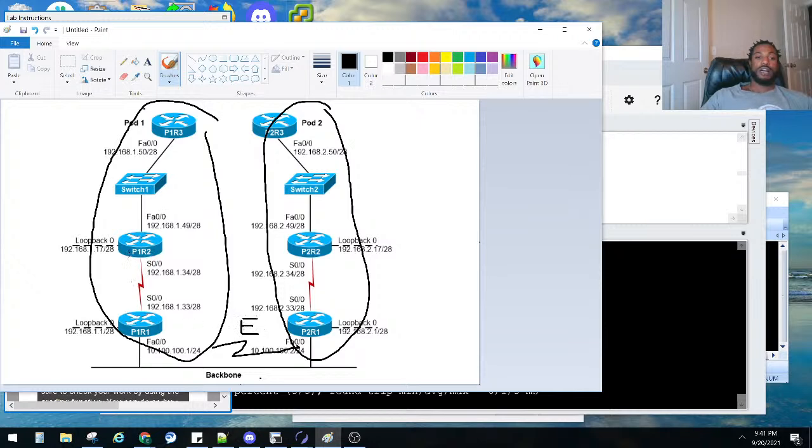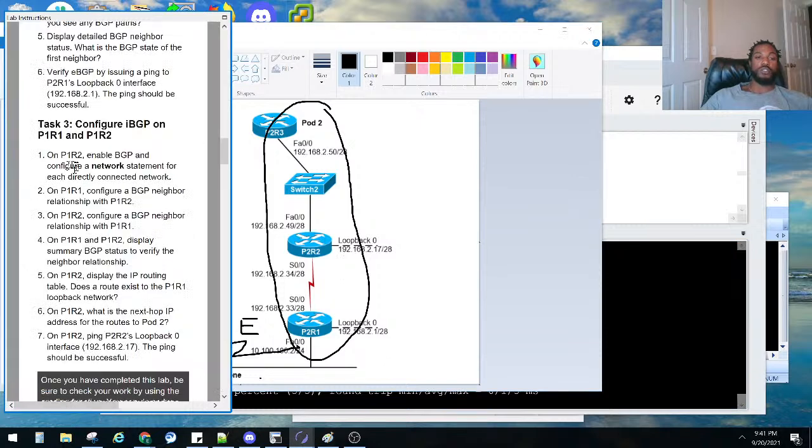Now they want us to set up internal BGP between these two right over here. Let's pick a different way to indicate that. Internal BGP between these two guys right here. So we're going to make them two neighbors, and then go from there. We should be able to see each other's routes using BGP.